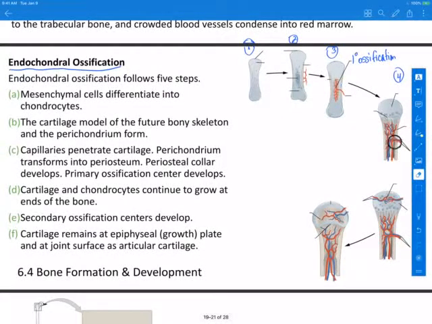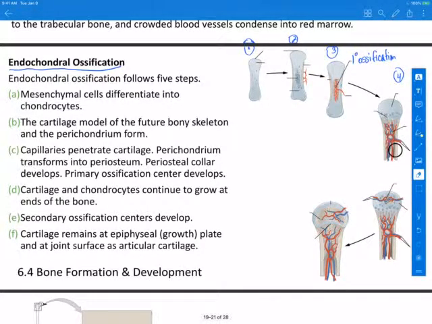And the center of this cartilage disintegrates, and then blood vessels can more easily penetrate the shaft of the bone because they're not blocked by cartilage. And this enlarges the space. The vessels bring in osteogenic cells, some of which become osteoblasts, and that enlarging space becomes the medullary cavity.